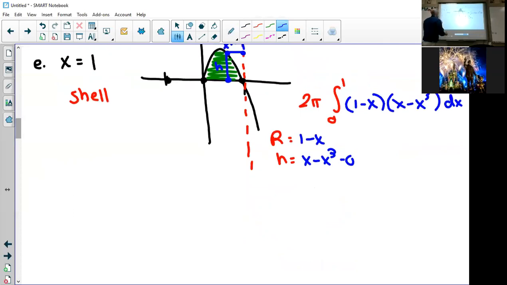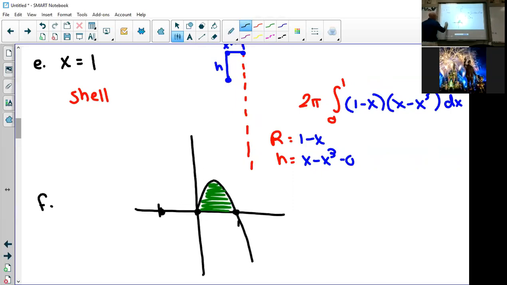All right, we're going to do one more, same picture. Finish out this picture, and let's do one more horizontal revolution. Let's take this about y equals -2. So y equals -2 is going to be down here somewhere. Notice here's your shaded region, and here's our line.